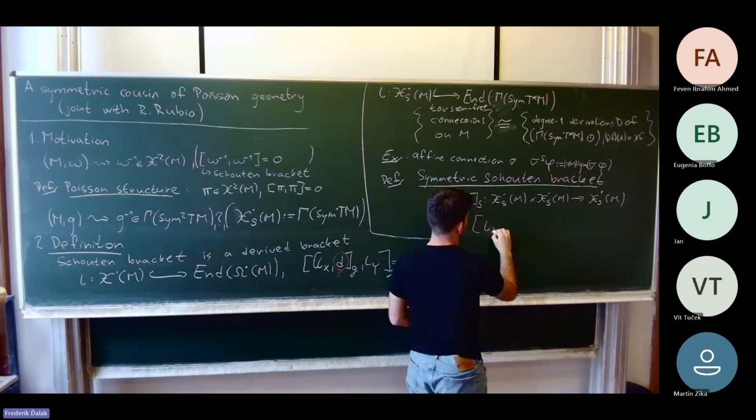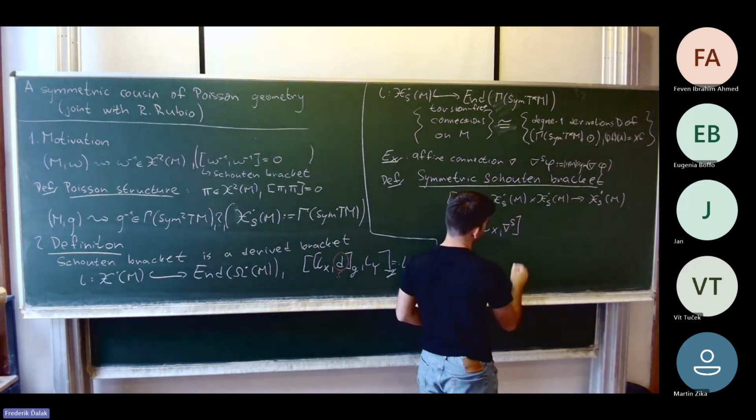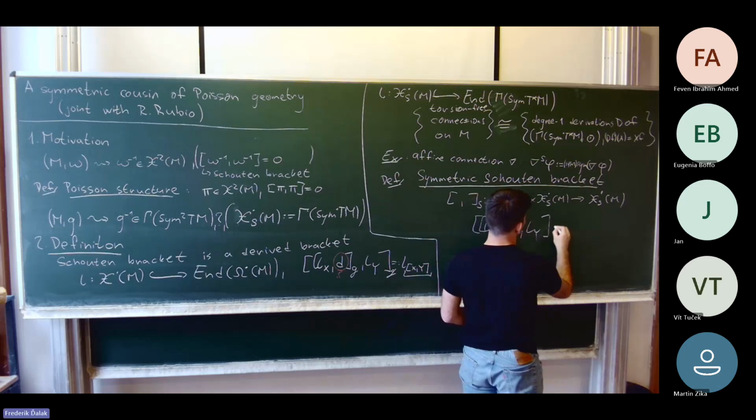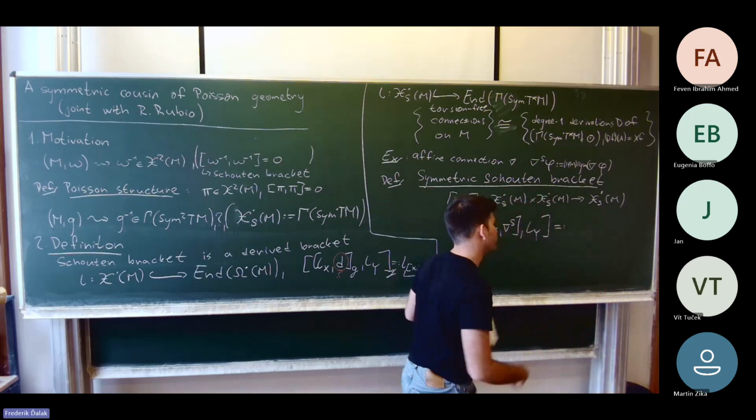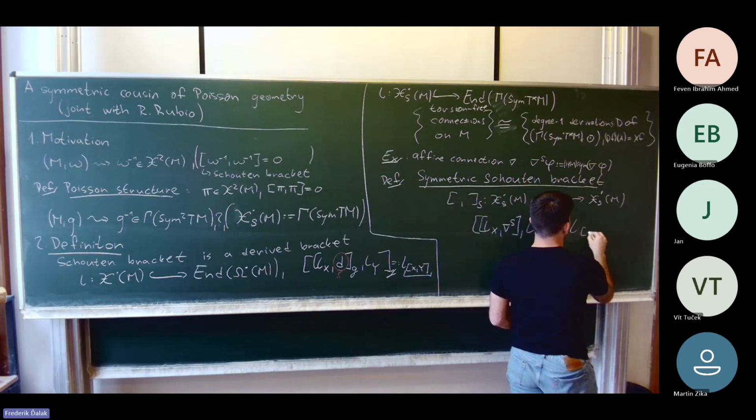I take the contraction by a symmetric multivector, pair it with the symmetric derivative of the other one, and you can check that it defines a unique symmetric multivector.